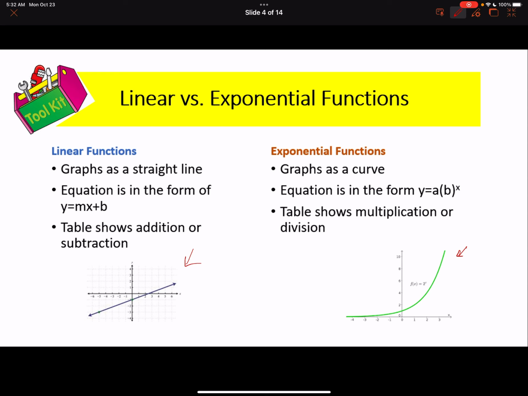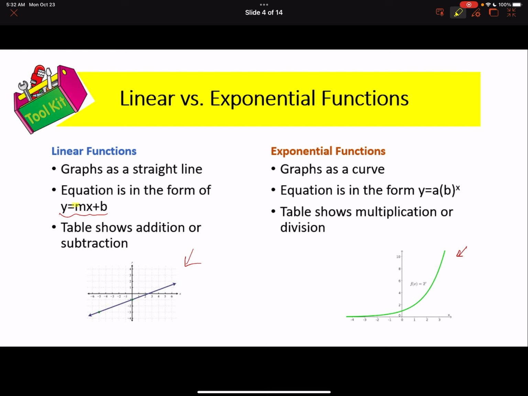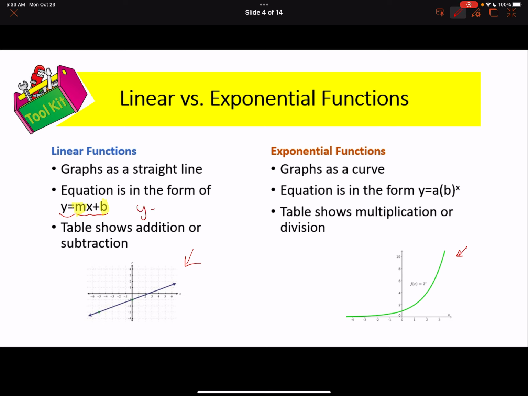But in terms of the equations, linear functions, their equations are going to look like this. y equals mx plus b. So notice you have an x and a y, and then the m and the b are going to be numbers. So these could look like y is equal to 5x plus 2.